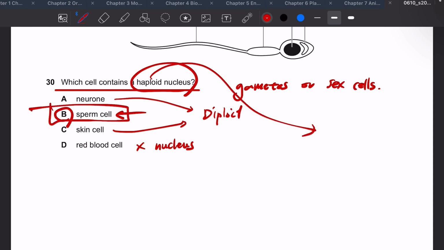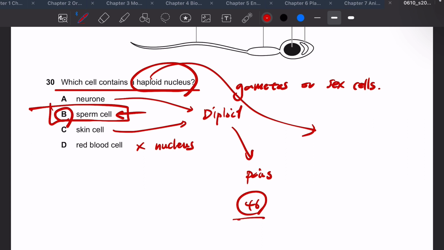Haploid means it has singlets of chromosomes, not in pairs. But diploids are pairs. So for instance, in humans, we have 46 chromosomes in each body cell.